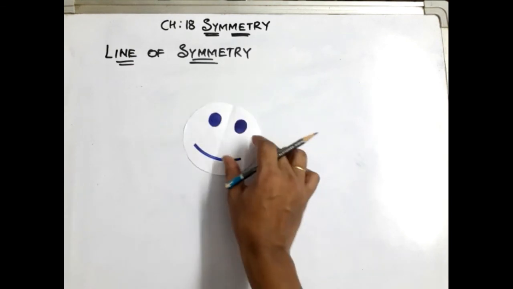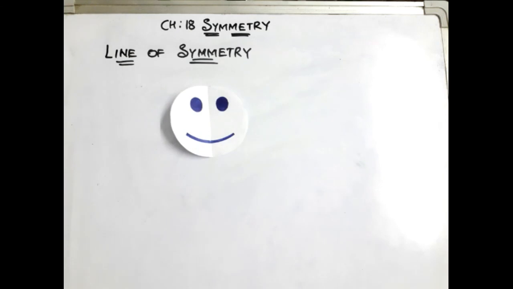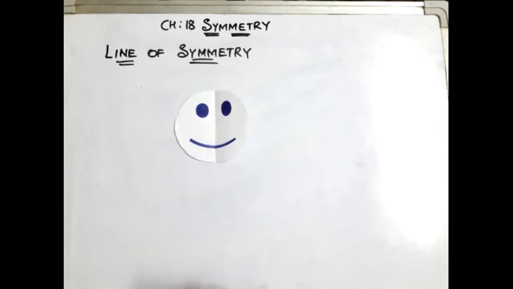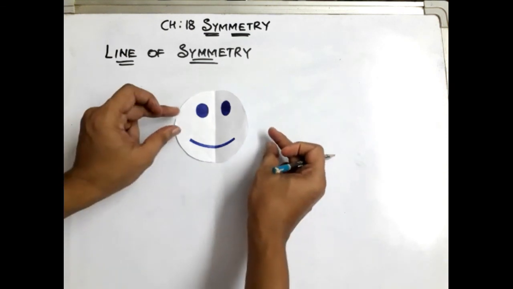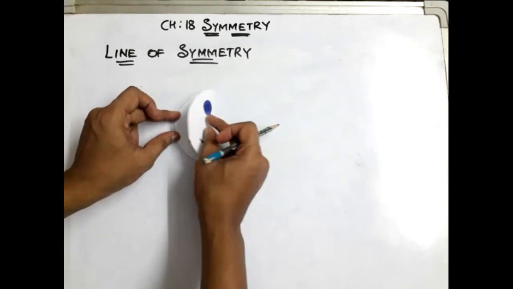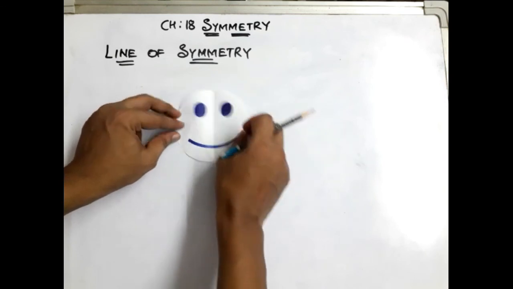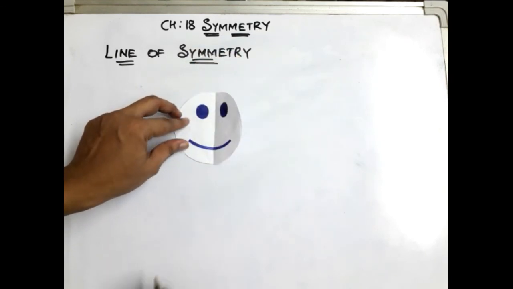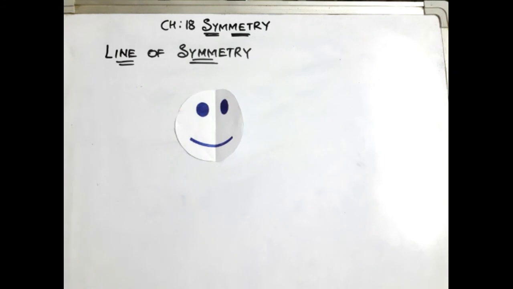Okay, look. So, line of symmetry. First we understood that this figure is having reflection symmetry or mirror symmetry or line symmetry. Now in order to overlap one side with the other, we made a partition, or a fold is done exactly at the center of the figure.